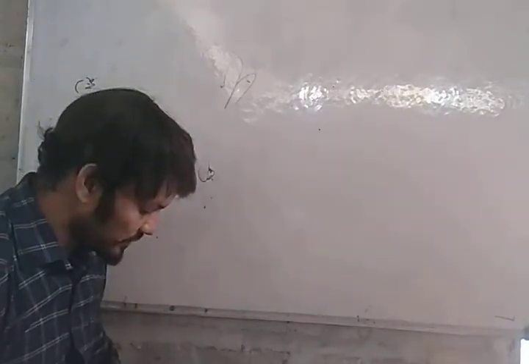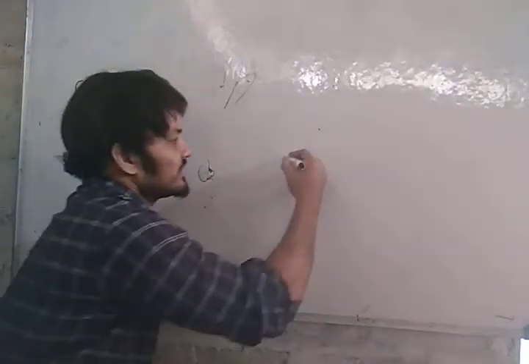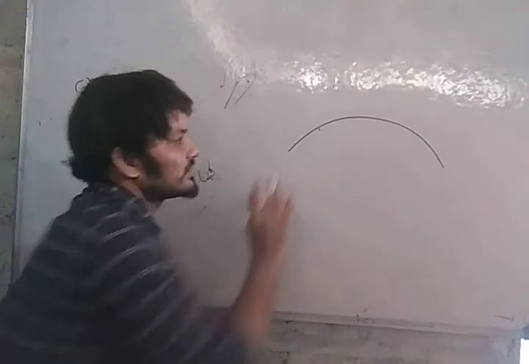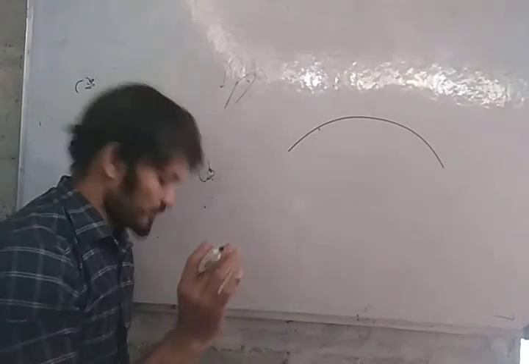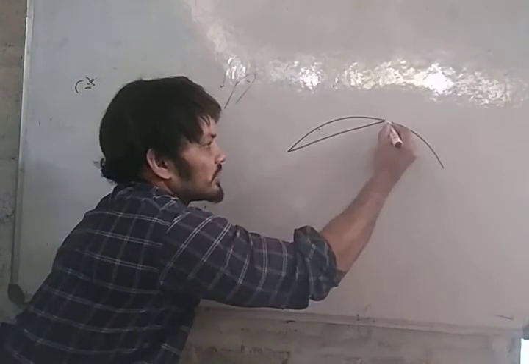Question number 5. There is a picture below showing a part of a circle. Like this given. Not a circle, a semicircle; the circle's part is given. And here from here one angle is produced.